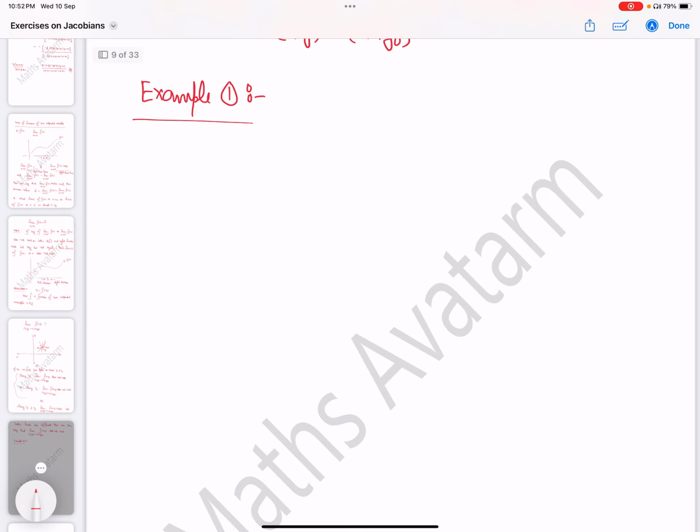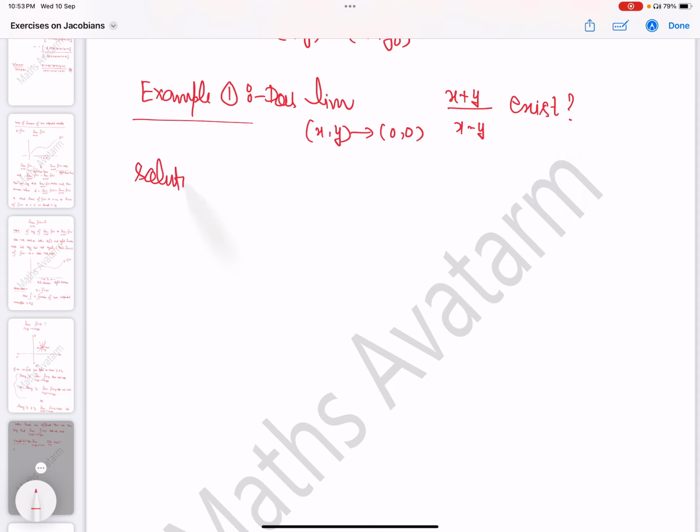So tell me about this limit, (x, y) tending to (0, 0), of (x plus y) upon (x minus y). Does this limit exist? Solution.